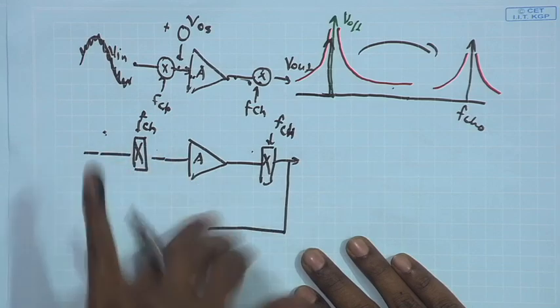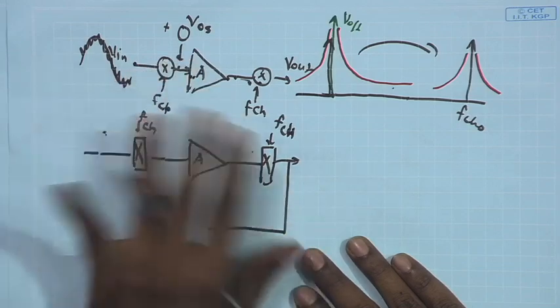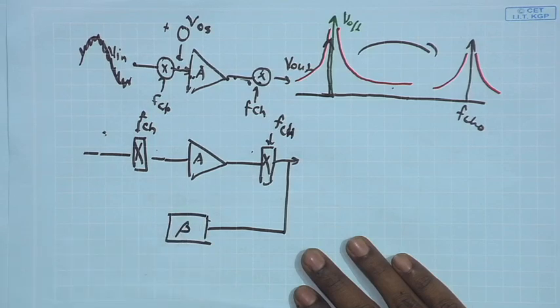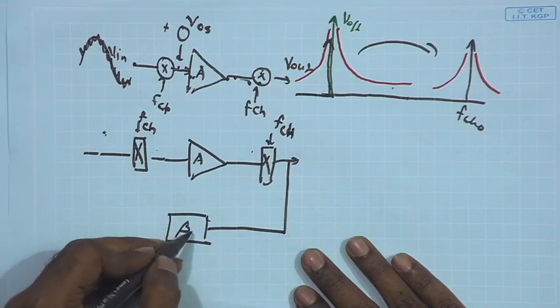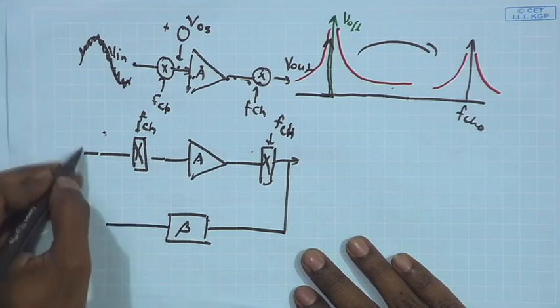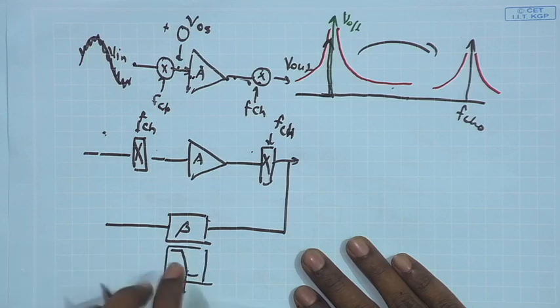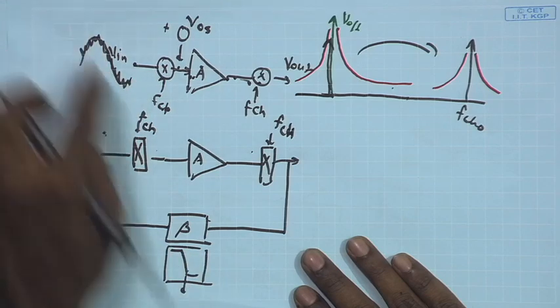This is not feedback in the amplifier, this is feedback in the entire loop. So, after the anti chopping I am putting a feedback network beta, and this beta has a very sharp, very low cutoff frequency, so that it is passing only the slowly varying offset, it is not passing the signal.